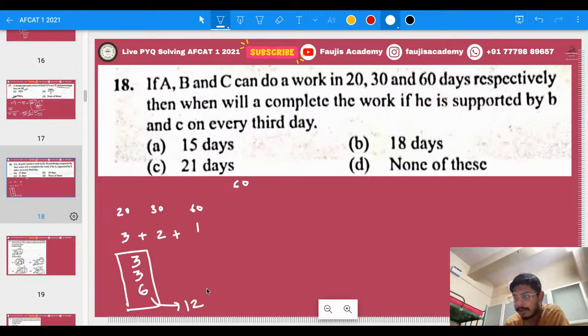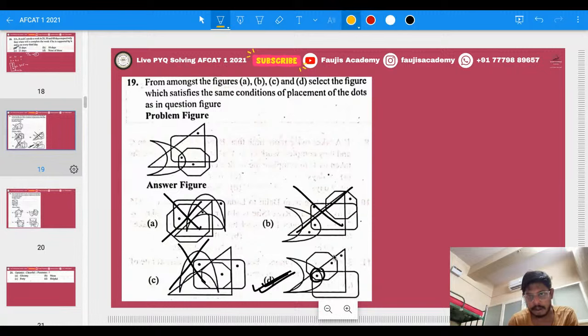Then hexagon, triangle, but not rectangle. Can we have this hexagon, triangle, but not rectangle over here? Right. So 19 D will be the answer, guys, easily.